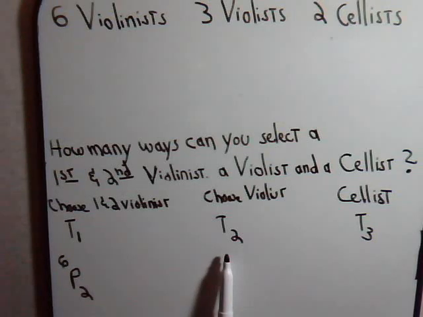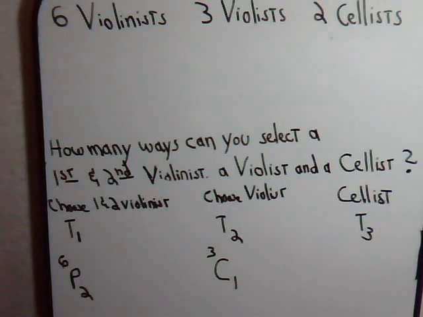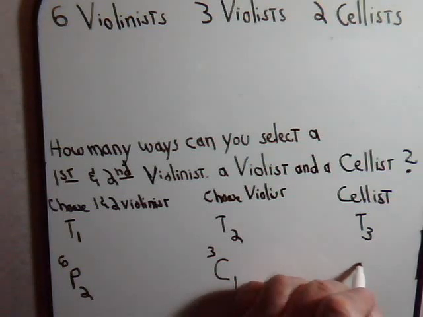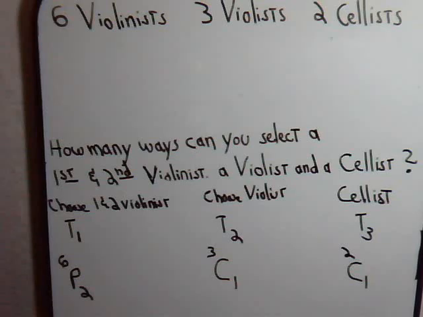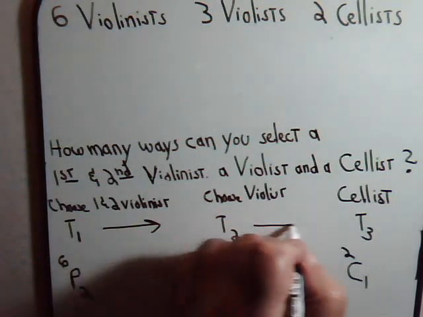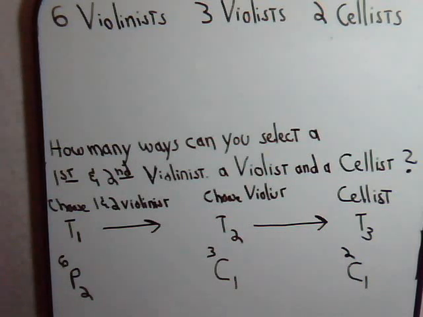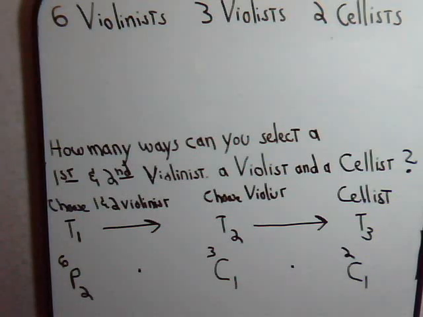Here, this is the same as before then. We have three violists, we're going to choose one of them, the order doesn't matter. And same thing for this. We have two cellists, we're going to choose one of them, the order doesn't matter. And now to perform task T1, T2, then T3, the total number of ways that we can do that is this, times this, times this.